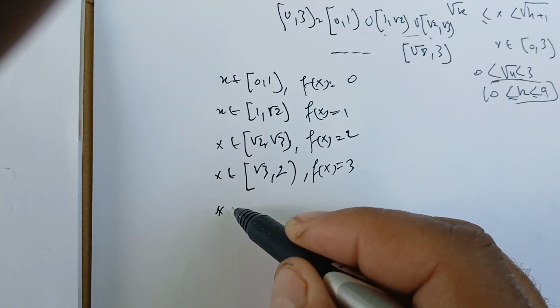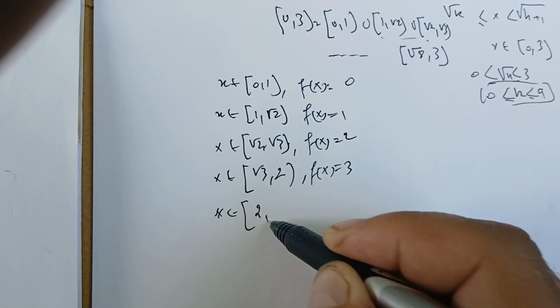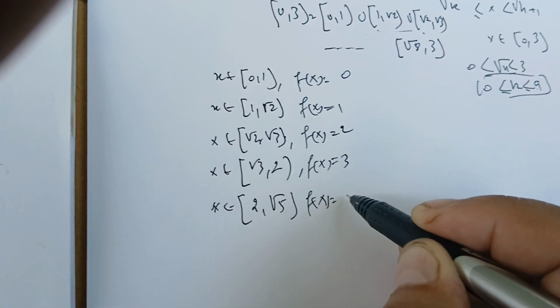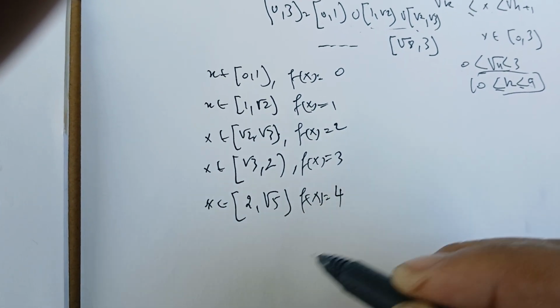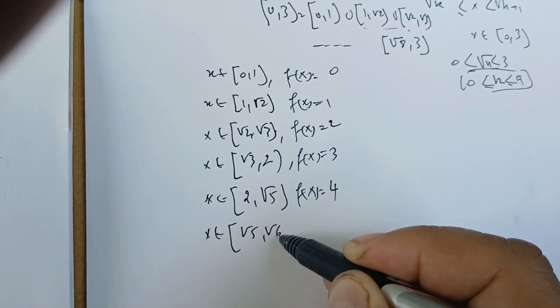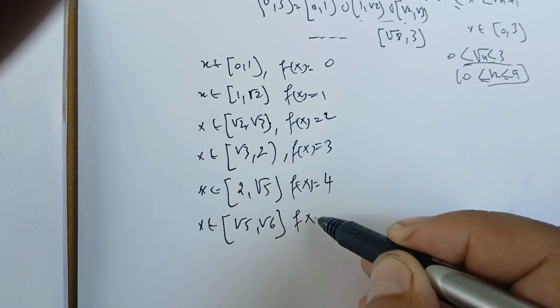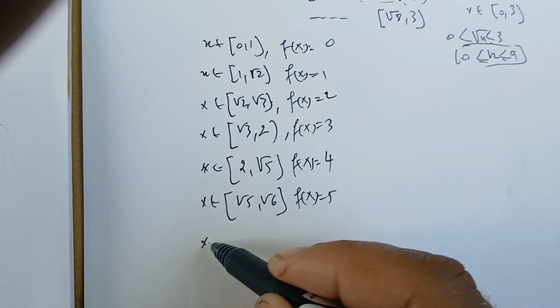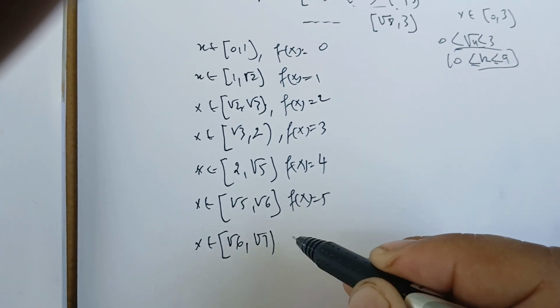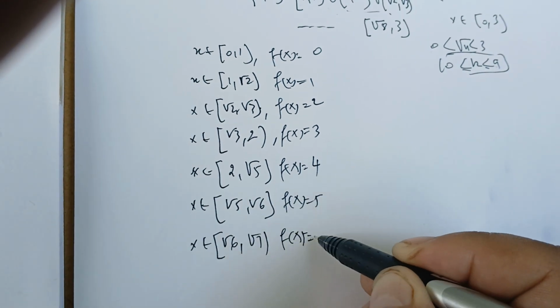Now, if x is between 2 and the square root of 5, f of x is going to be 4 in this case. And if x is between the square root of 5 and the square root of 6, f of x is going to be 5. If x is between the square root of 6 and the square root of 7, f of x is 6.